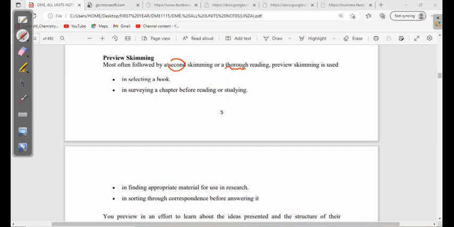Preview skimming is used mostly when you want to select a book to read or to survey a chapter before reading or studying. Now, to survey is just to have a broad understanding about something.